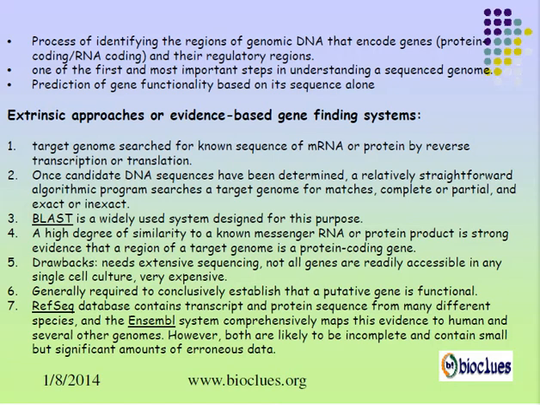Extrinsic approach, or the evidence-based gene finding systems, are entirely based upon the known sequence of mRNA or protein sequences, or the reverse translation or transcription. It searches a target genome for matches, and the major drawback about this approach is that it needs extensive sequencing, and we know that not all the genes are readily available. So that is the major drawback.